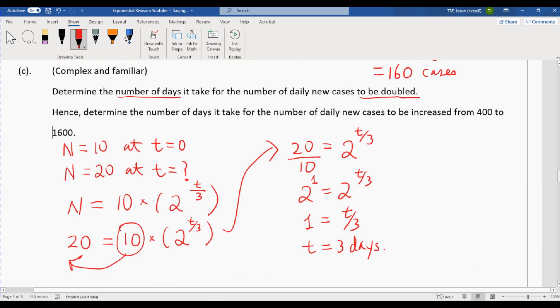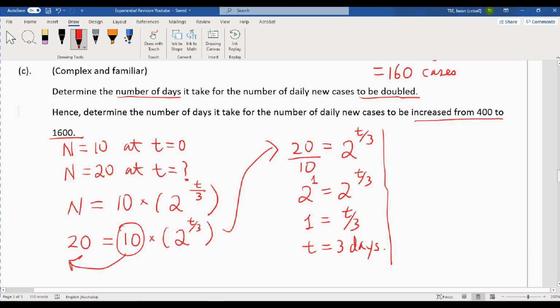And how about the next question? Determine the number of days it takes for the number of daily new cases to increase from 400 to 1,600. How long does it take? For 400 to 1,600, how many times has it increased?